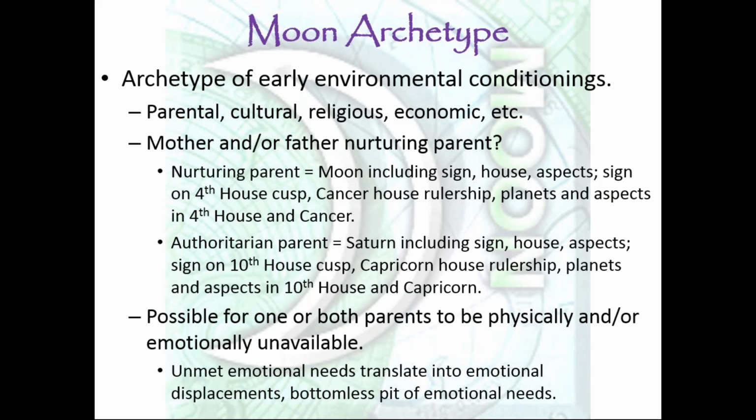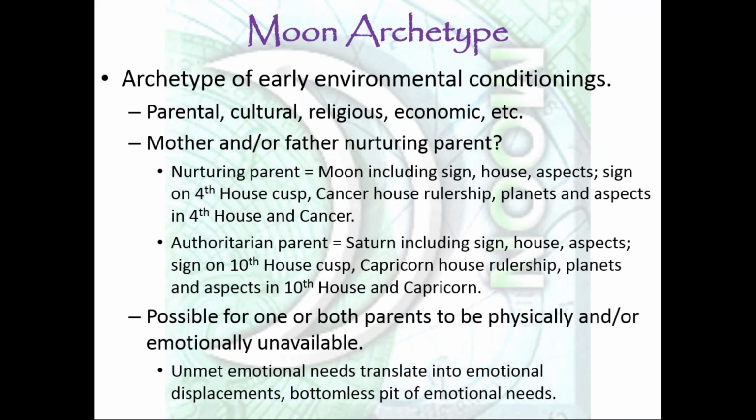That is the pressure to conform from any culture or society. But most of the time, those early environmental conditionings are going to start with the mom and or dad. And the Moon, Cancer, and the 4th house in general are known as the nurturing parent.